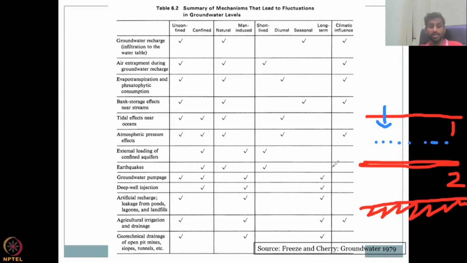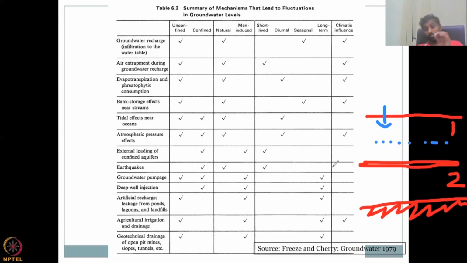So these define the water level fluctuations because of an earthquake. And it happens only in the confined aquifer because of the depth. It is a nature-based process and it's very short-lived, just a couple of minutes, that's it. It's not going to shake every day or every season.